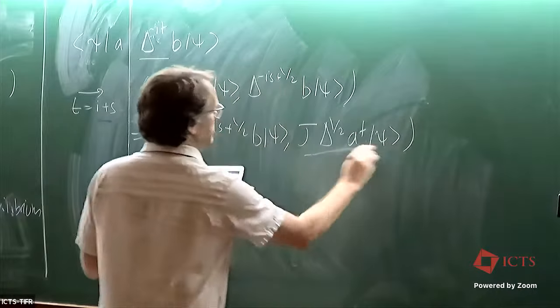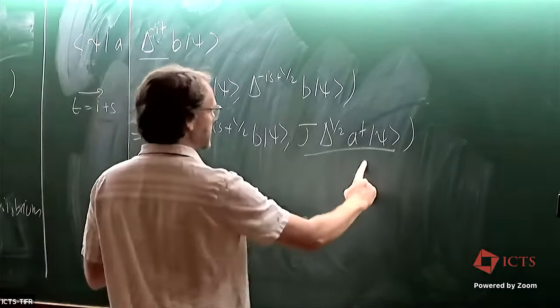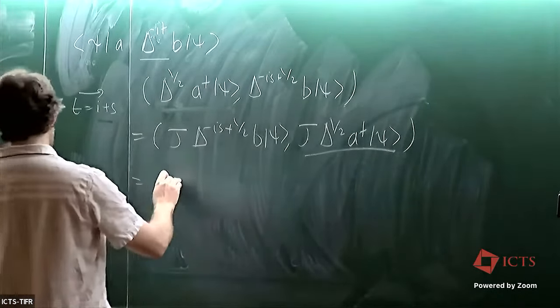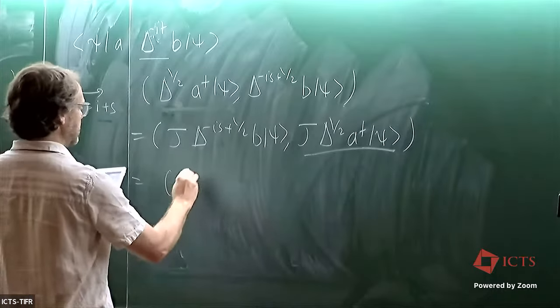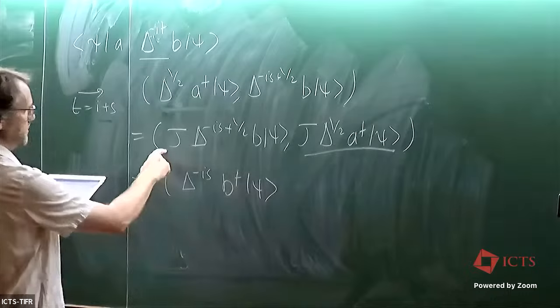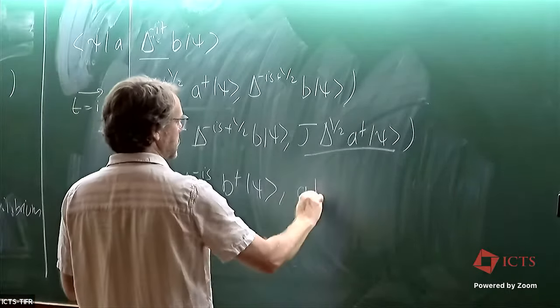Right, and now I have my defining relation for modular theory. So this just gives me A psi, and you can do the same thing here. You just have to be careful with this is. You do that, you get delta to the minus is, B dagger psi from J delta to the 1/2 here, and here you just get A psi.